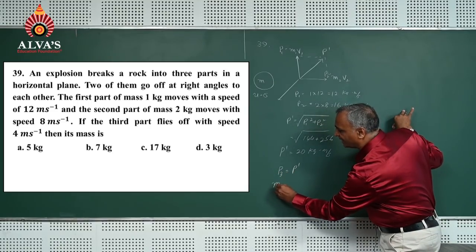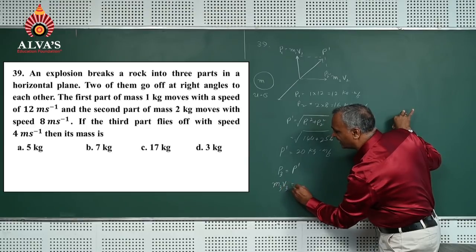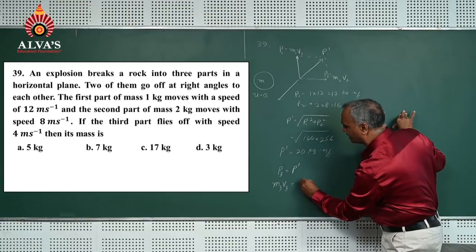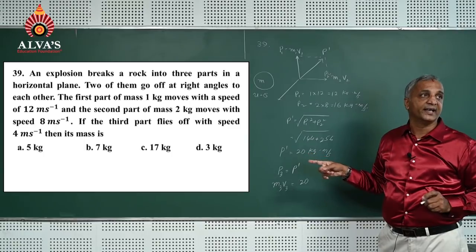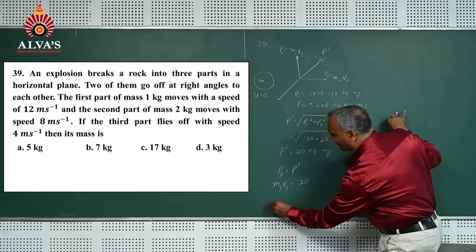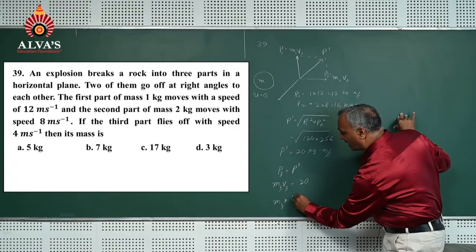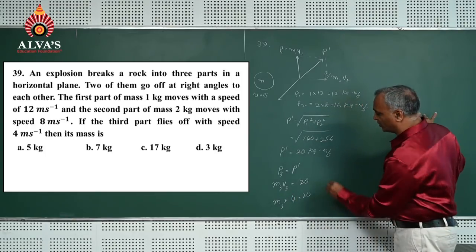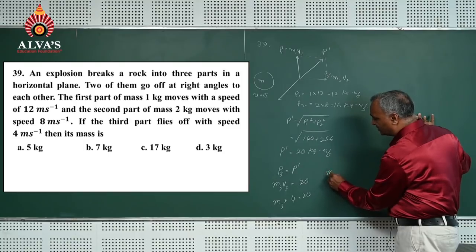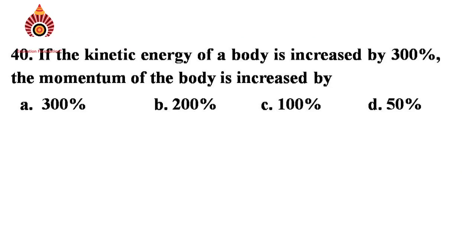P3 is nothing but M3 into V3, equal to P dash, which we already calculated as 20, and velocity 3 is given as 4. So M3 into 4 is equal to 20. So 20 by 4 is 5, so the third mass must be 5 kg, and so I will go for option A.